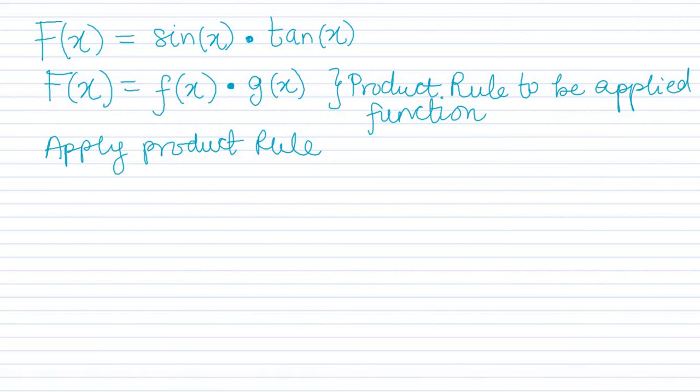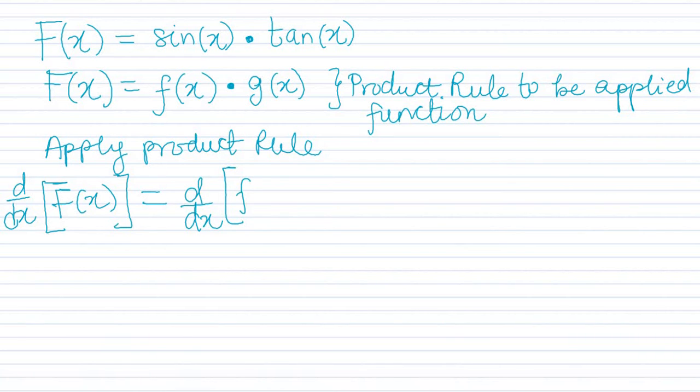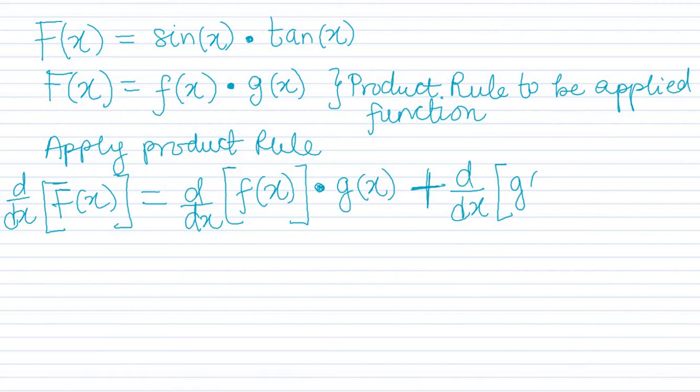We have d/dx of F of x equals the derivative of the first function multiplied by the second subfunction, plus the derivative of the second subfunction, g of x, multiplied by the first subfunction, f of x.